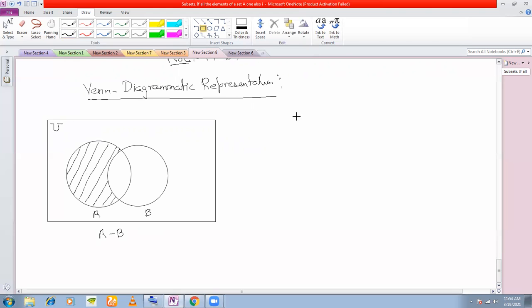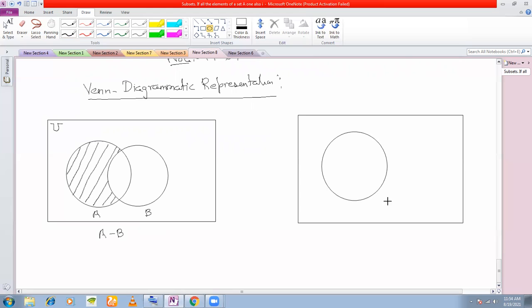And if you want to represent B minus A, then this will be only the elements in B, not even the common part.